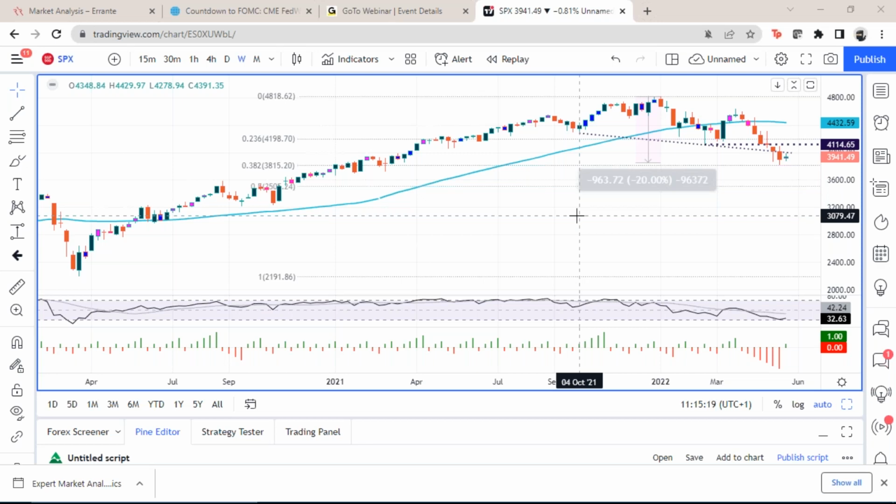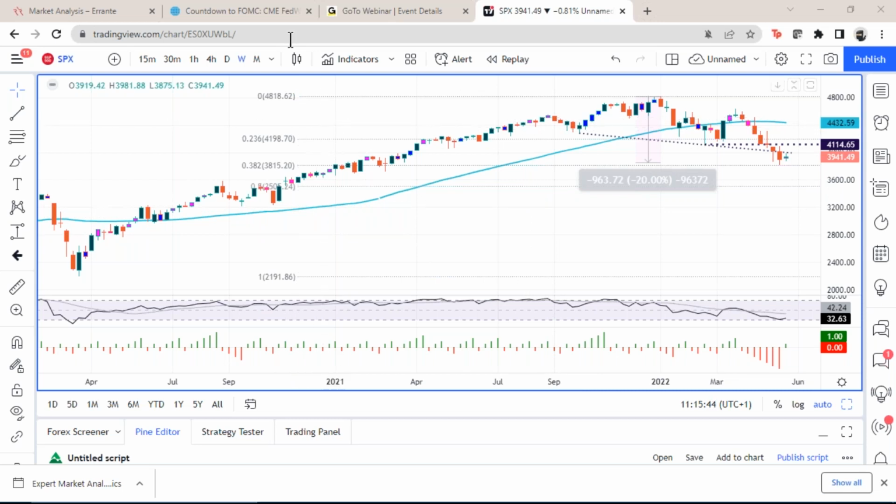We did actually manage to drop into it intraday, but then buyers stepped in on Friday and we pushed above the 20% marker I've shown on the chart there, and the S&P level is 3854. I think last Friday we dipped into 3810. So we did pull back, so we're not in bear market territory just yet.